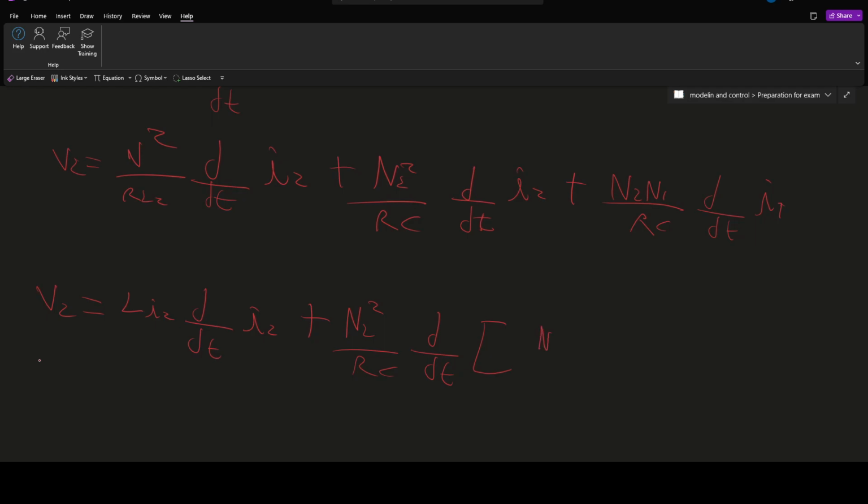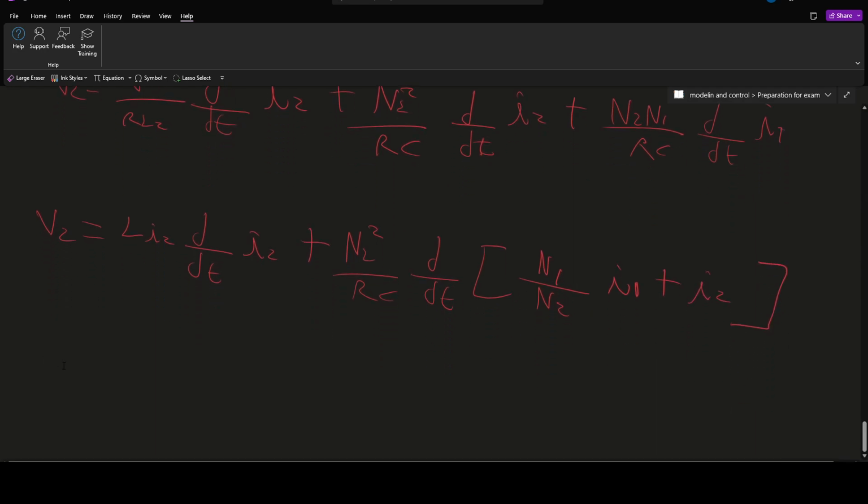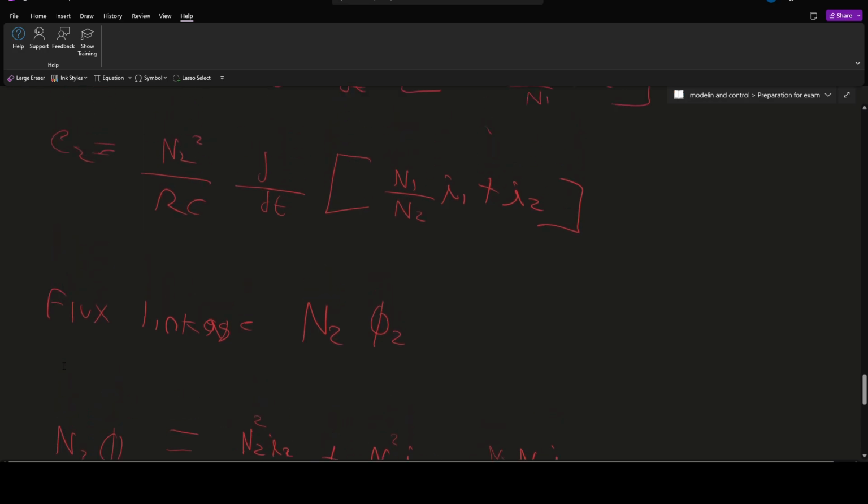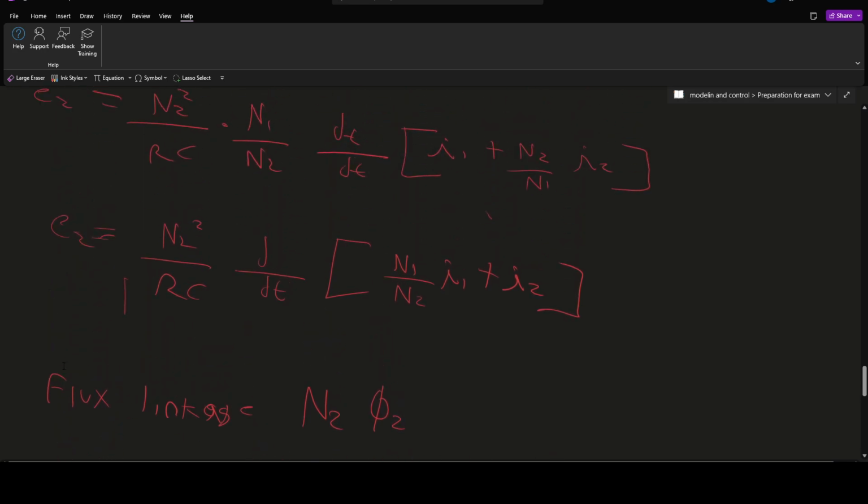So we're gonna have n1 over n2. Here we have I1 plus I2. Now, if you look at this term, this term looks exactly as this term here that we figured out for E2.